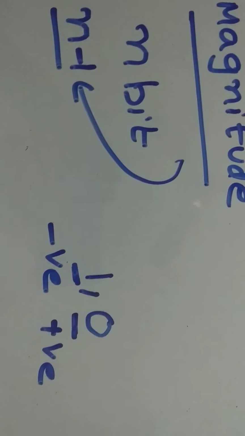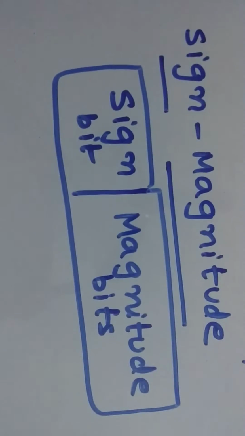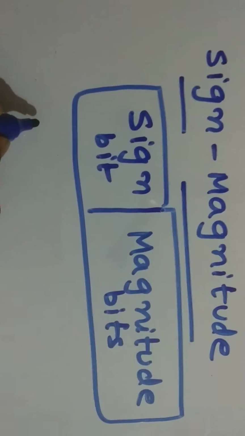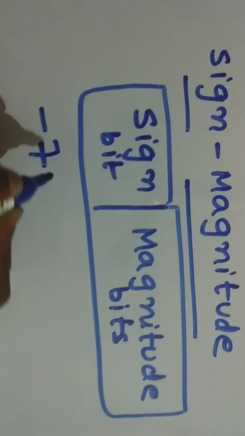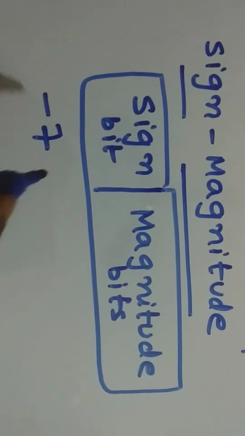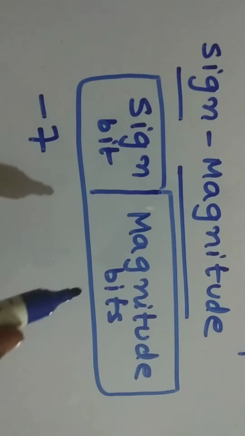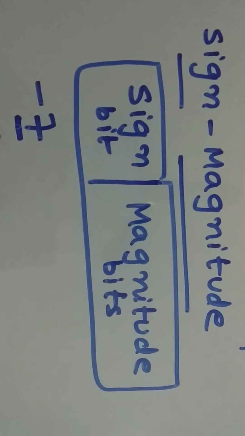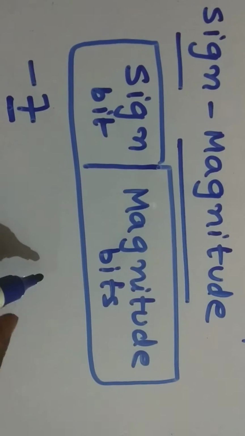So how are we going to use it in binary codes? Let us take an example of -7. How do we represent -7 in sign magnitude form? We have two things, the sign bit and the magnitude bits. The magnitude means the representation of 7 in binary form. How are we going to represent 7 in binary?